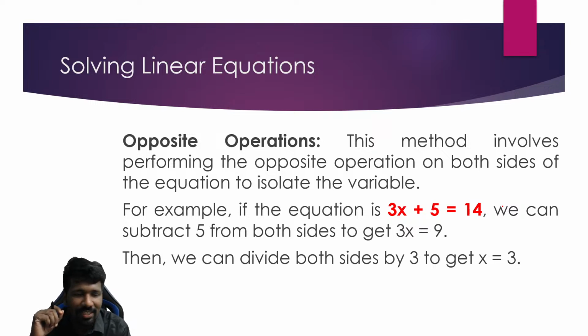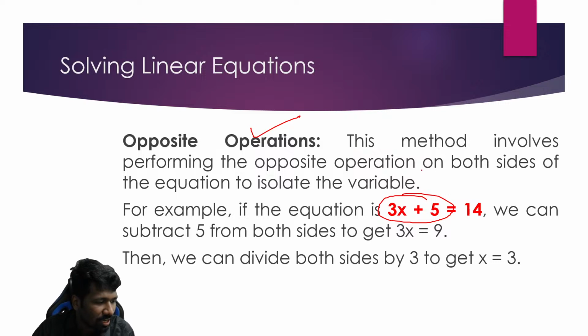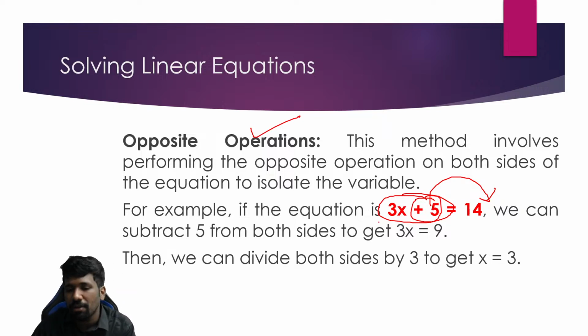So, just revising the things you have learned in school days. For solving a linear equation in one variable, opposite operations are enough in most cases. Opposite operation means here, plus 5, if you take it to the right side, it will be minus 5. If it is multiplication, it will become division when taken to the other side, and vice versa.